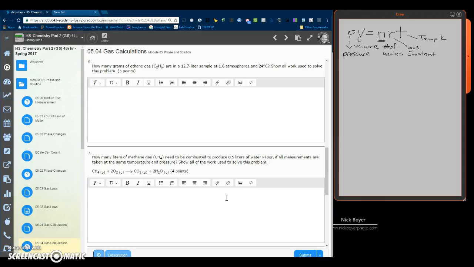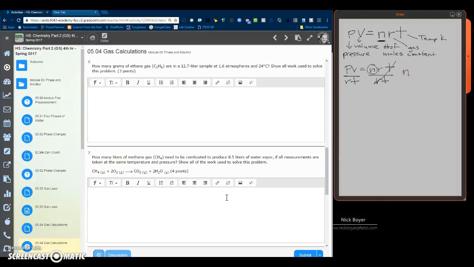All right, and so if we plug this in, my preference is to rearrange the formula beforehand. It'll work either way. You can plug in the unknowns and the knowns and do the math, or rearrange the formula. I prefer to rearrange the formula, so I'm going to use PV equals nRT, and I want to get N by itself, and so I'm going to divide the right hand side by RT, which means I have to divide the left-hand side by RT as well, which will then give me N by itself, because I can cross out the RTs.